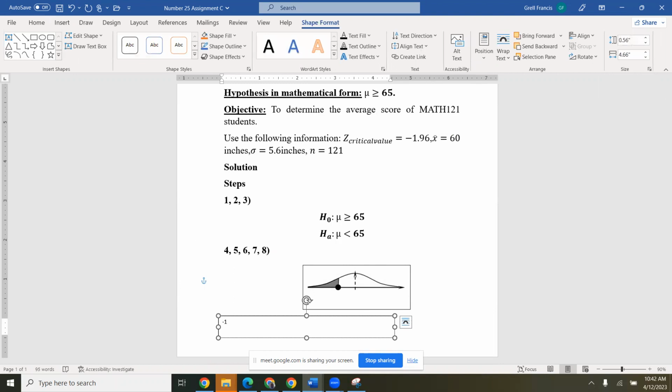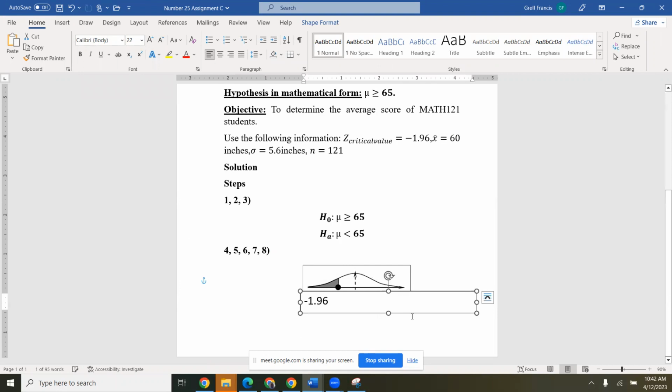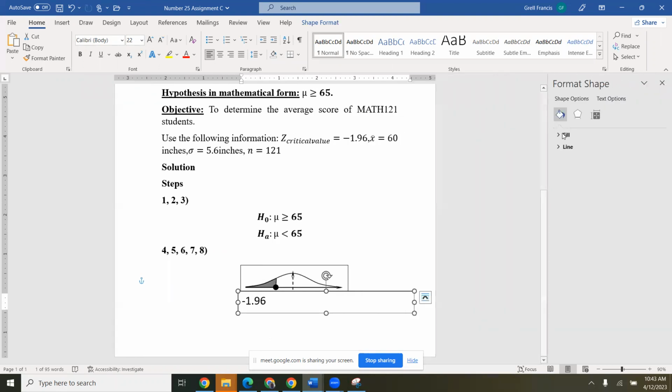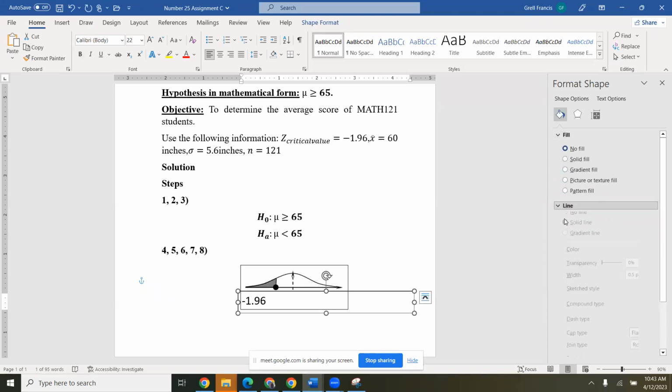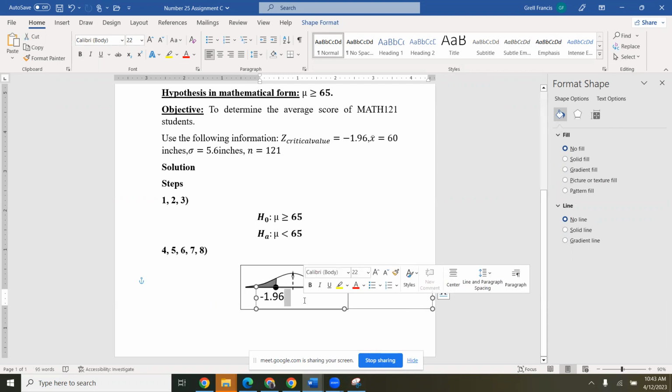Negative 1.96 on the critical point. Here we have 0 right there. 0 is in the middle.